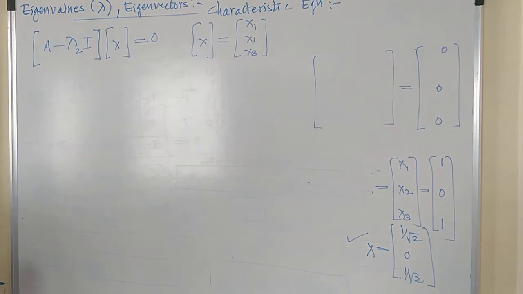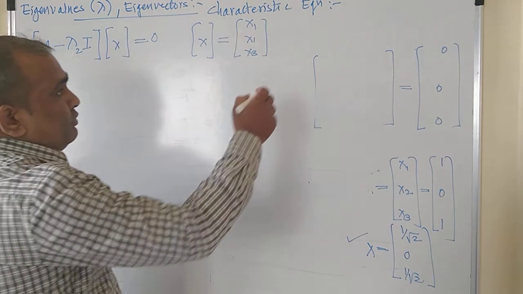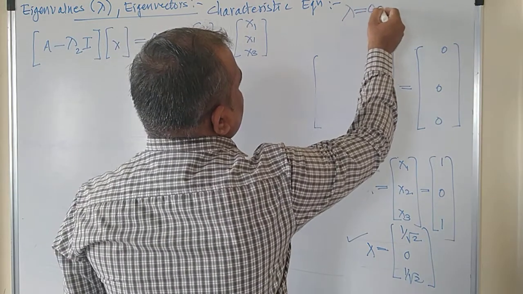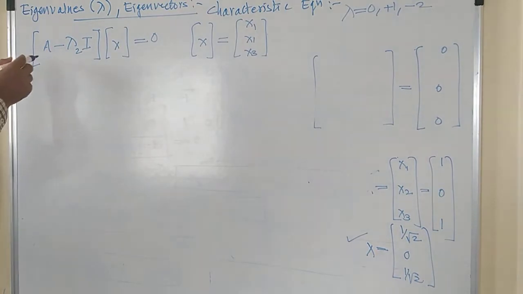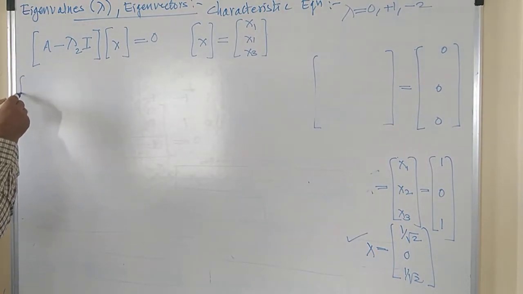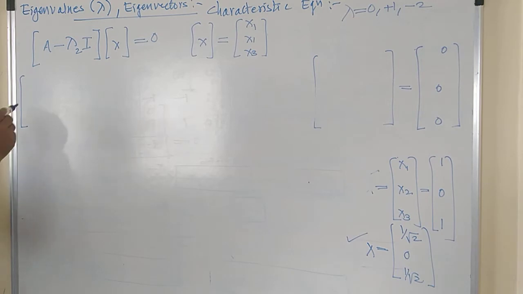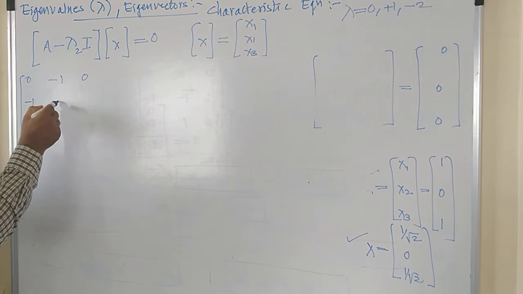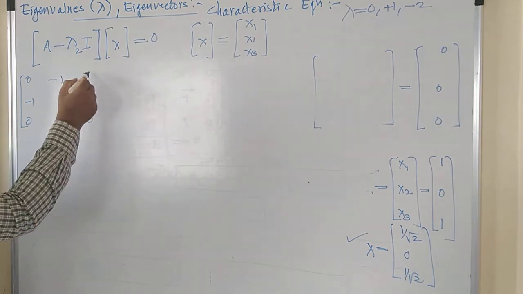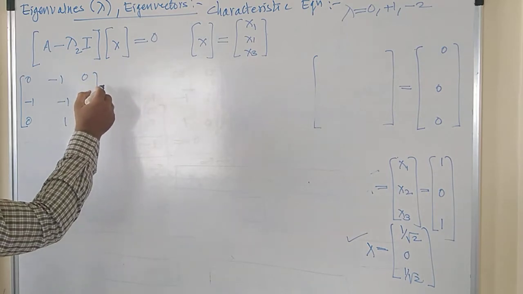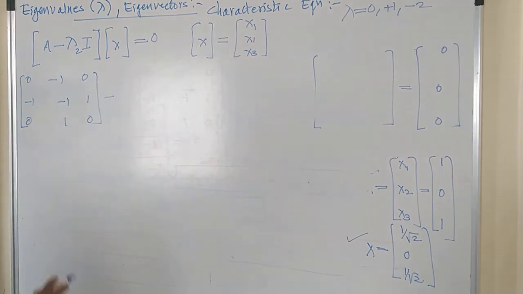The second eigenvalue is, what were the eigenvalues? First one is 0, second eigenvalue is plus 1 and minus 2. And for the second eigenvalue, the given matrix is 0, minus 1, 0; minus 1, minus 1, 1; and 0, 1 and 0, minus lambda 2.